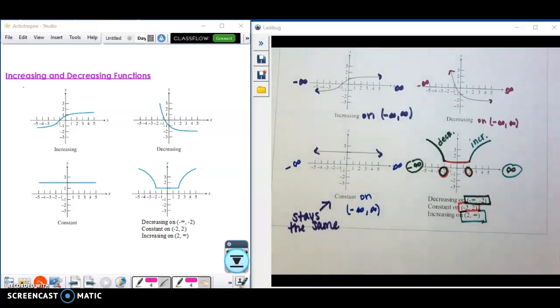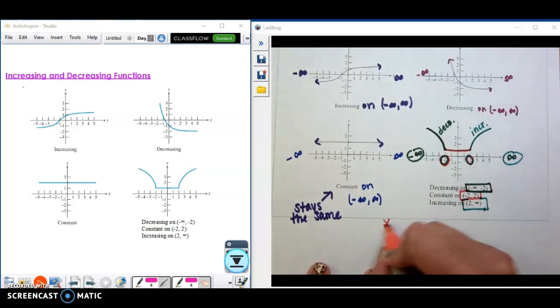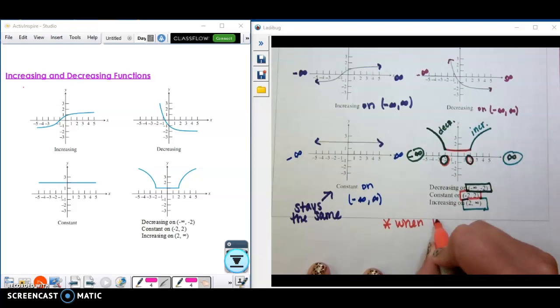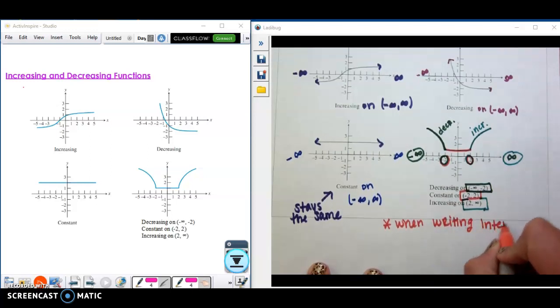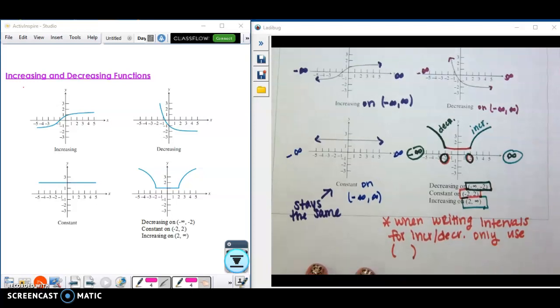So just remember, and we're going to make a little note, whenever you're writing your intervals for increasing or decreasing, or for constant, only use parentheses. Once again, the reason for that is because at the numbers you're going to write, it's going to be changing direction.